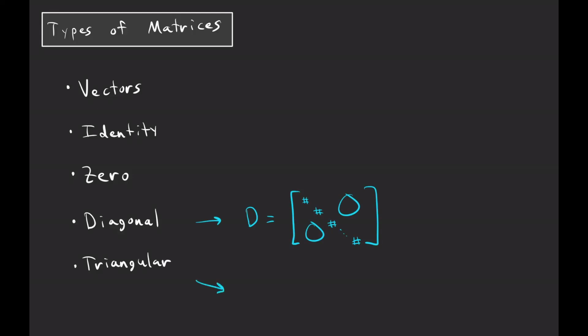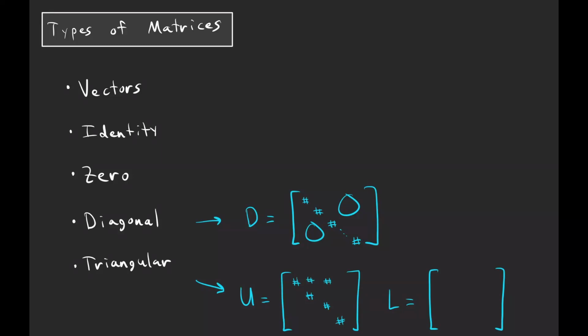Similarly, I could have triangular matrices. I'm going to do U and L. You'll notice I'm just using whatever letters I feel like using here. It doesn't really matter. But U would be an upper triangular matrix. So this would be an example where I have some numbers along a diagonal.